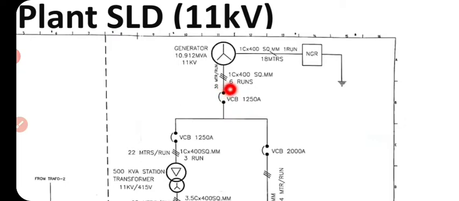For better stability. Suppose one cable fails, then another is feeding, because when the plant is in operation, we cannot take a risk. If any one cable fails, the rest should keep operating. So we provided 6 runs of a similar cable, and the length was 30 meters.